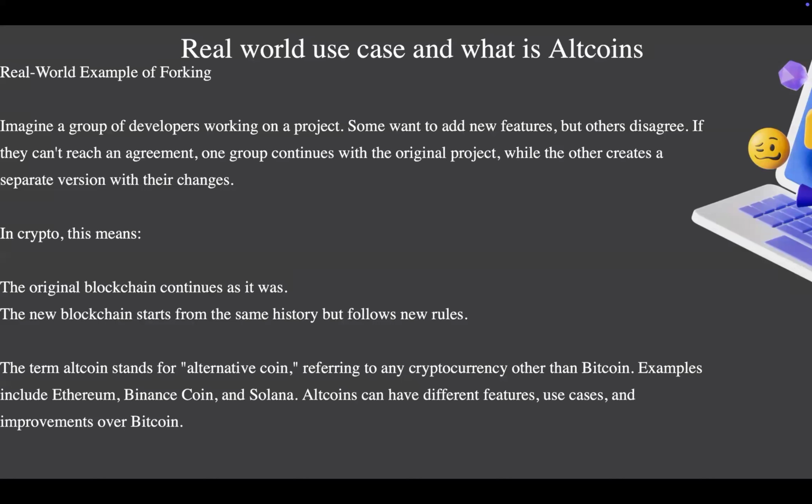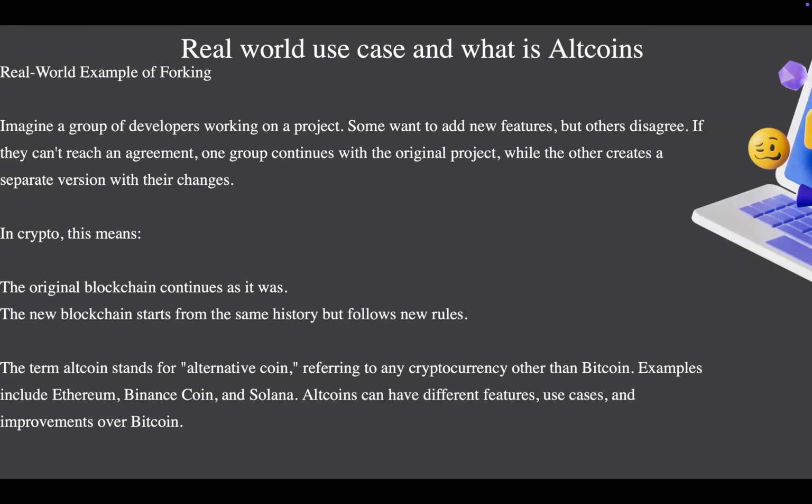Let's use Candleweb, for example, and some team members want to add new features, but others disagree. No, we want this particular feature, we don't need that feature, it's not necessary, and they can't reach an agreement here.